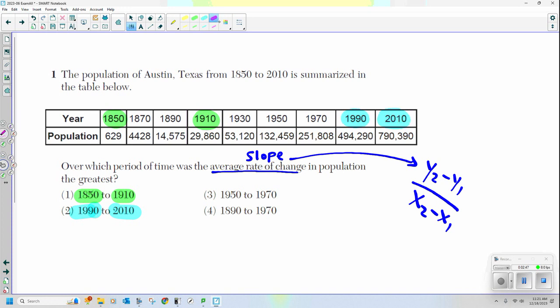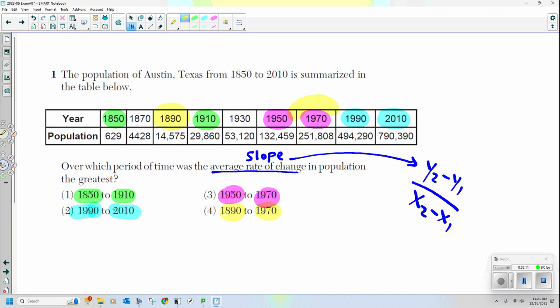I've got to find the average slope there. Then I got to go from 1950 to 1970. From here to here, I got to find the average slope. And last but not least, then I've got to go from 1890, it's right here, to 1970, which is right here. Okay, and I've got to find the average slope 4 times.